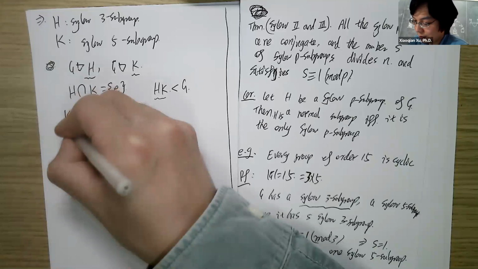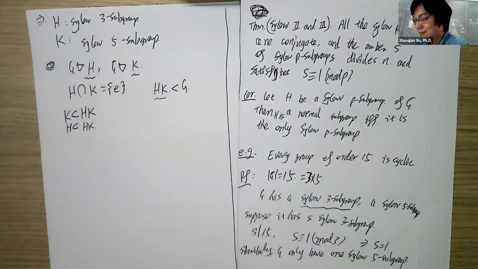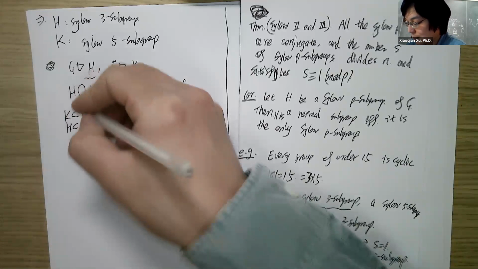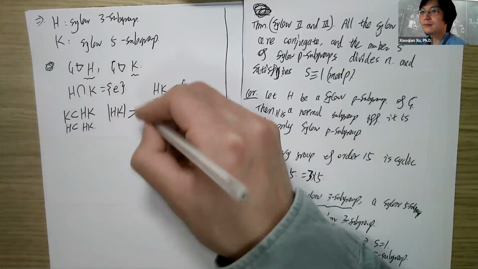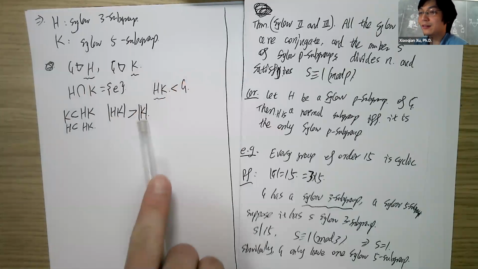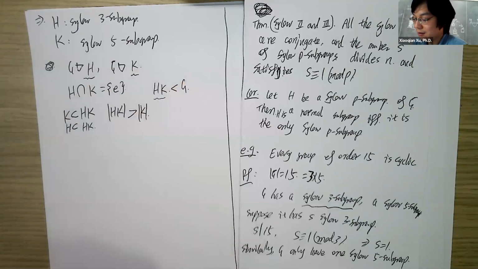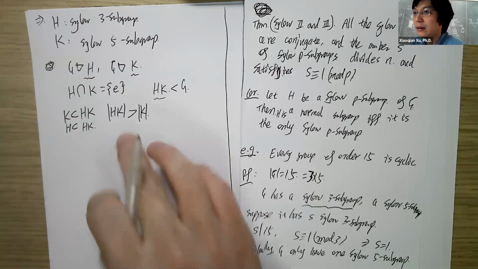It's actually a subgroup, and it has more elements than K. First, all the elements in K are in this set. Second, at least one element in H other than the identity is in this subgroup. So the number of elements in HK must be greater than the number in K.